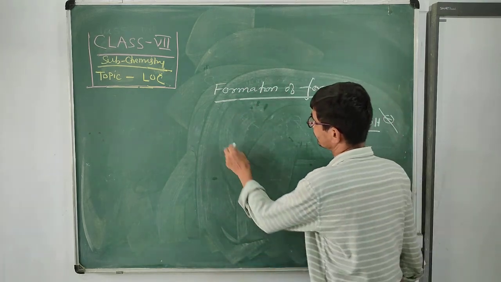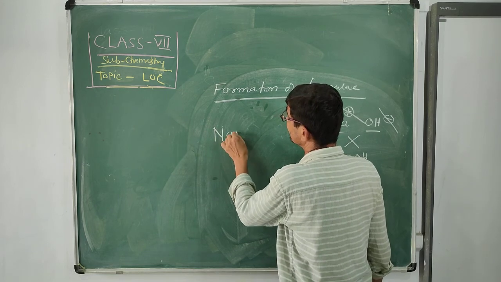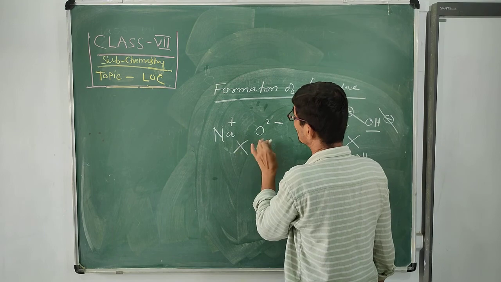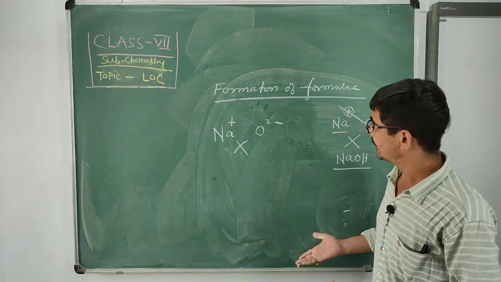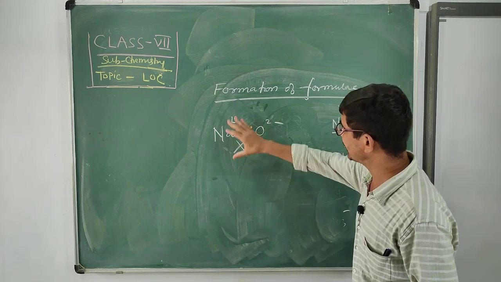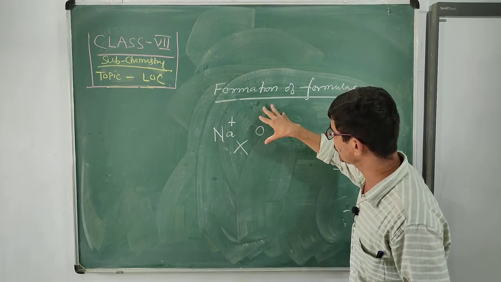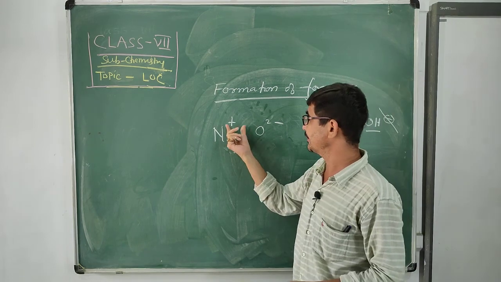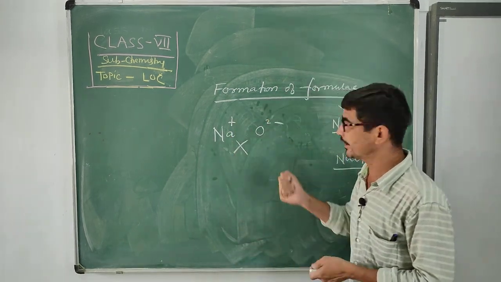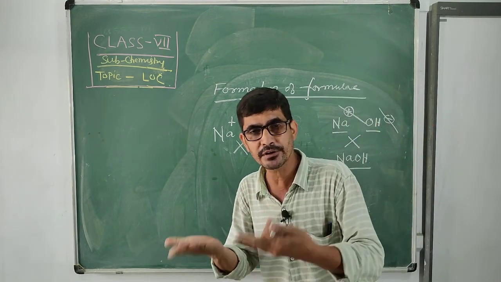Number 2, Na plus and O2 minus. O2 minus is called oxide ion, which I have already explained. Na plus is called sodium ion. Na plus has one positive charge, this is a simple basic radical. O2 minus is a simple acid radical.